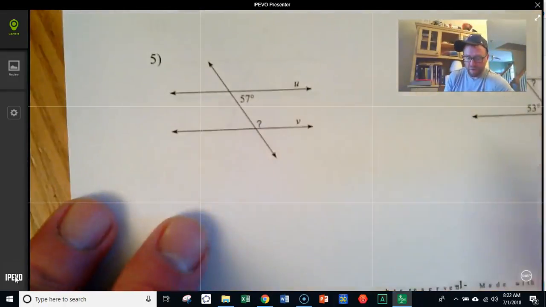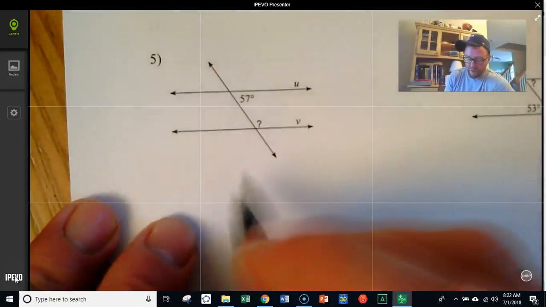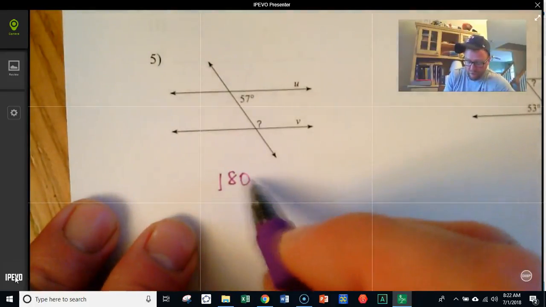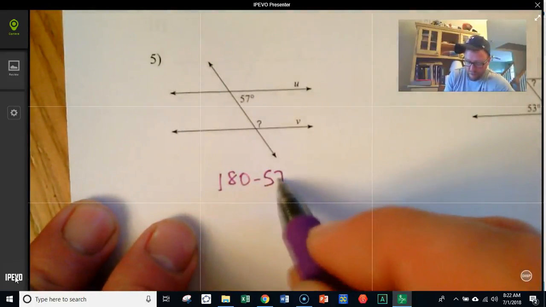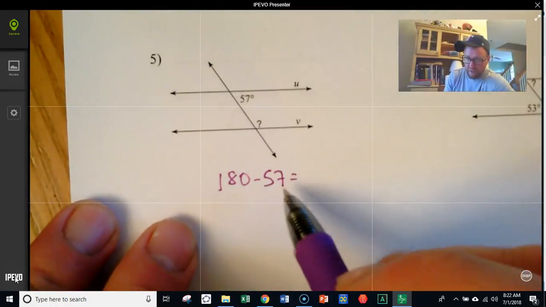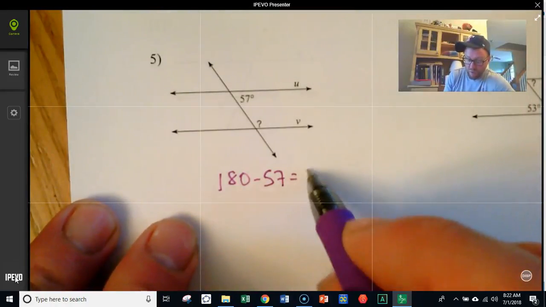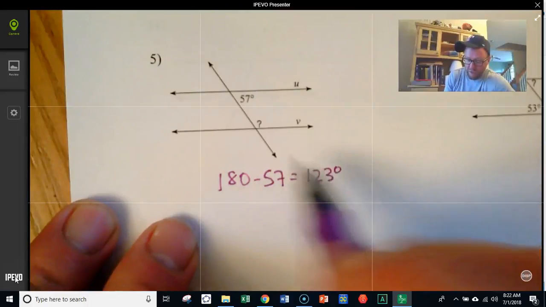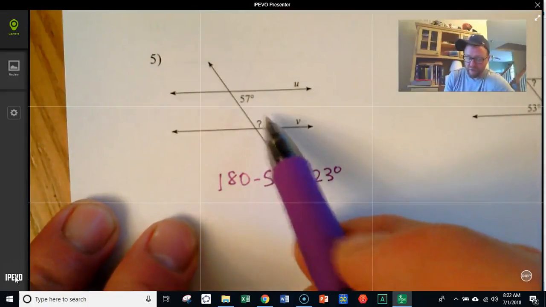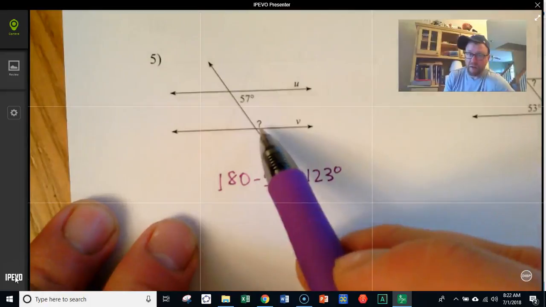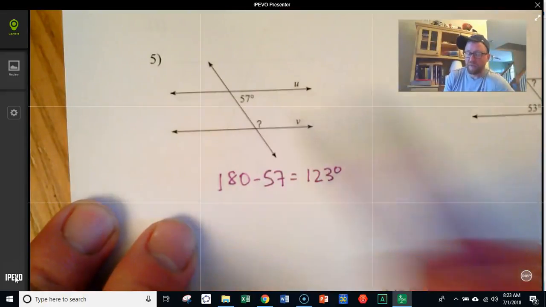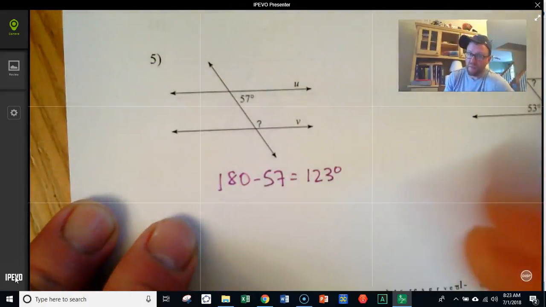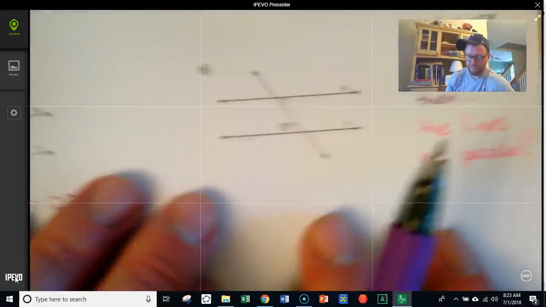Okay. Here, same side of the transversal in between the parallel lines. So 180 take away 57 is 123. So if this angle is 123 degrees, then these same side interior angles will be supplementary. And if the same side interior angles are supplementary, then the lines are parallel.